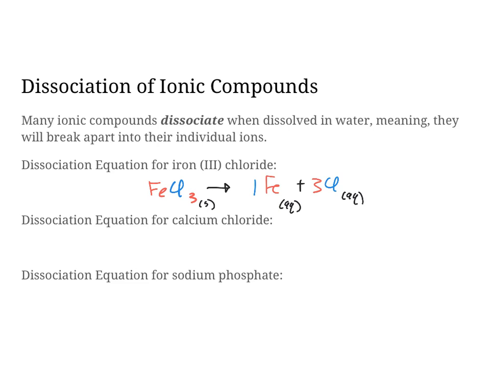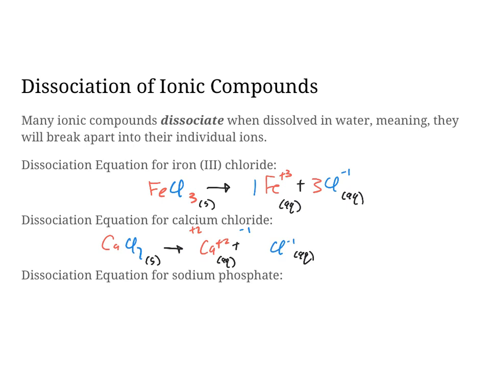Now, there's another example, calcium chloride. Calcium is a +2, and chloride we've already decided is a -1. So that becomes the chemical formula CaCl2. When that is a solid and dissolves in water, it breaks apart into the calcium ion, oops, this should be a +3, no wait, it should be a -1 in the chloride ion, and it becomes aqueous.